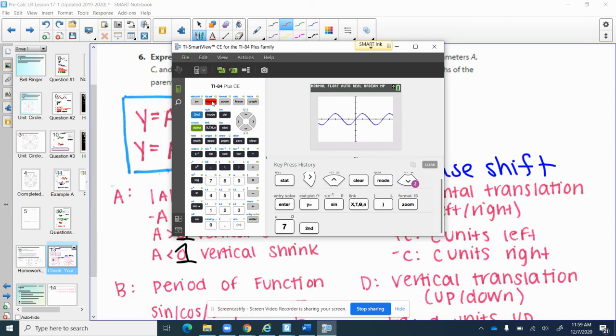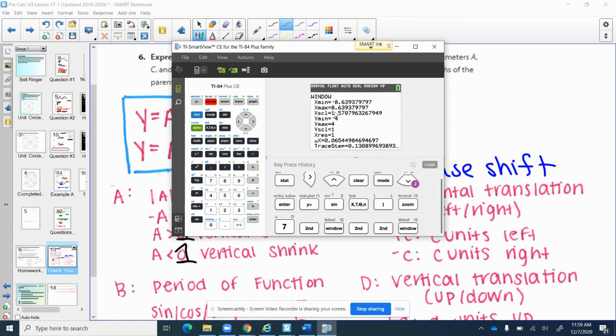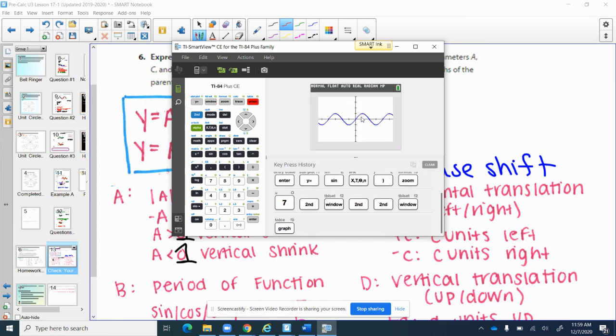And if you look at your window, notice it's going to a little over 2 pi here, and we're going up by pi over 2 each time because that's what that 1.57 is showing. It's about half a pi. So just as an FYI, if you look at it this way.